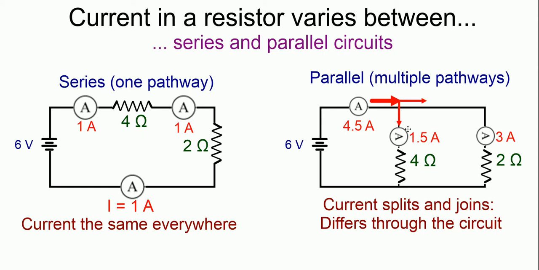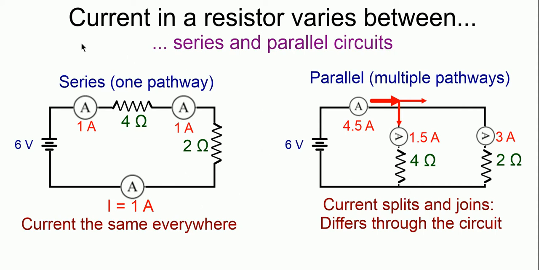So the current in these two resistors differs. Here the current is going to be 1.5 through that resistor, and here it's going to be 3. So finding the current through an individual resistor is a bit more complex in parallel, because things do differ based on splits, and of course it'll join back together here, won't it, at that juncture right there.